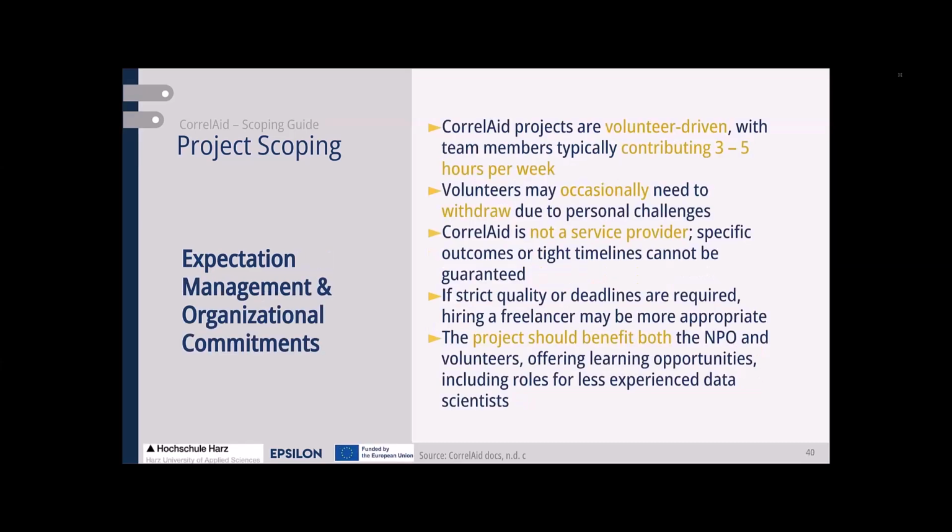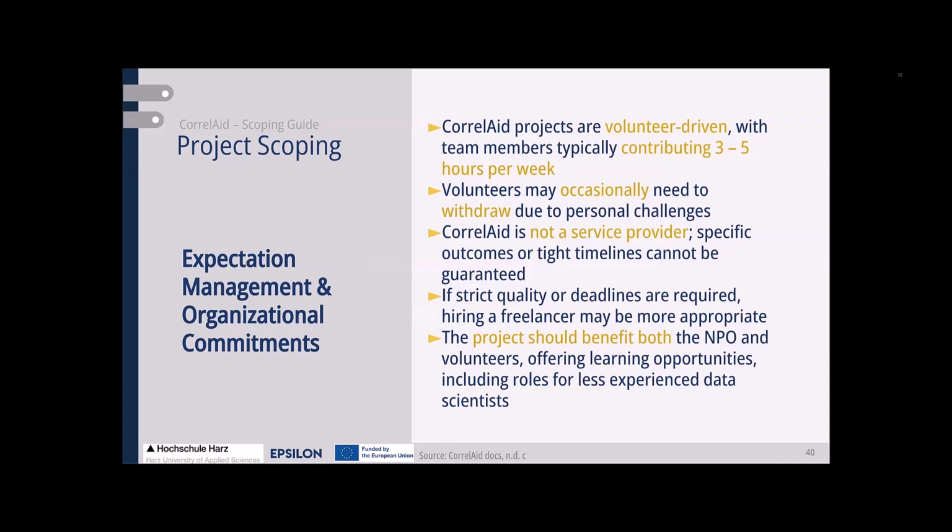When it comes to expectation management, you should always make clear that your projects are voluntarily driven. That means you do not work full time, you work 3 to 5 hours per week on average. The next thing is, as you're dealing with volunteers who are all in different personal situations, let's say they are students or professionals at an early stage, there might be situations where some individuals withdraw from the project.